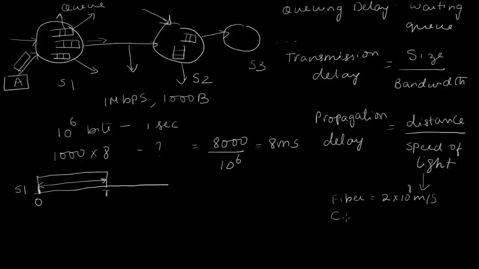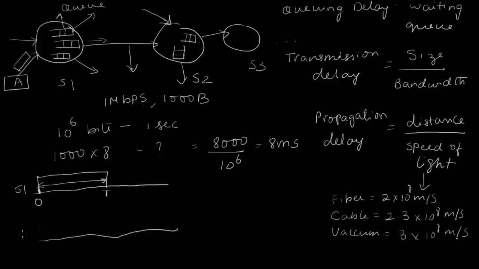And if it is a regular cable, Ethernet or something else, it may be 2.3 into 10 to the power of 8 meters per second. And if it were vacuum, this is something you probably know, it is 3 into 10 to the power of 8 meters per second. Now, if this distance is very long, naturally the propagation delay is also going to be rather high. So let me show the propagation delay on a timeline.